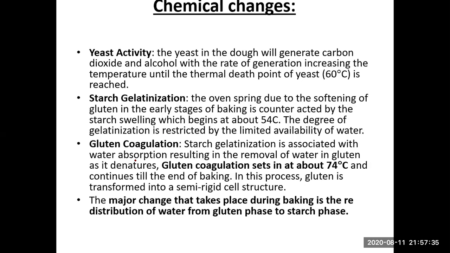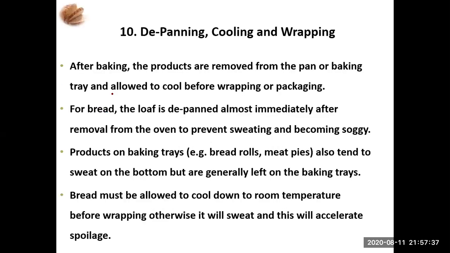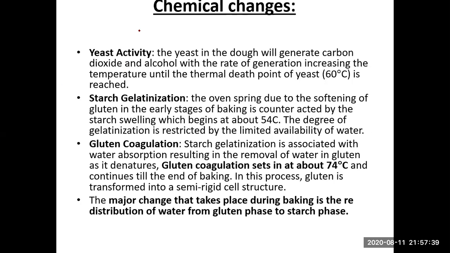Then our second one is chemical changes. In the chemical changes process, we can check three kinds of changes. First of all, the yeast activity is almost dead at 60°C. Then starch gelatinization begins at about 54°C, where polysaccharide is transferred to simpler sugars, or you can say monosaccharides.